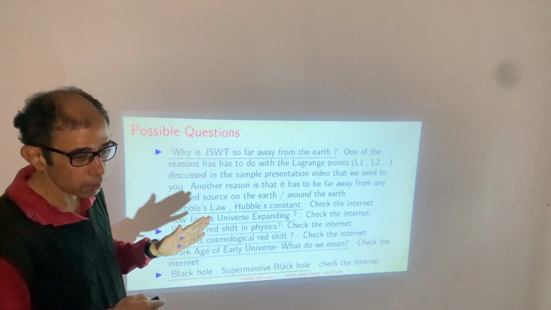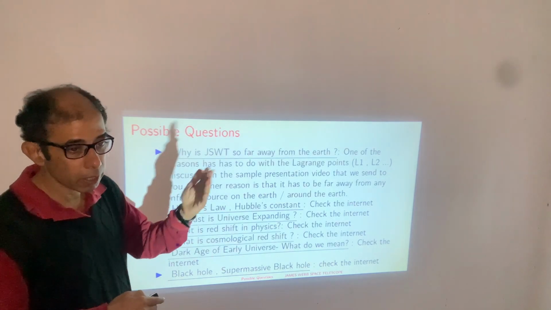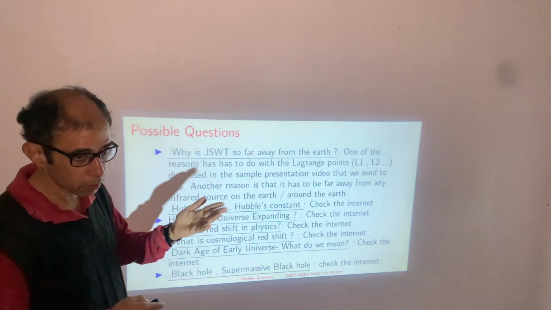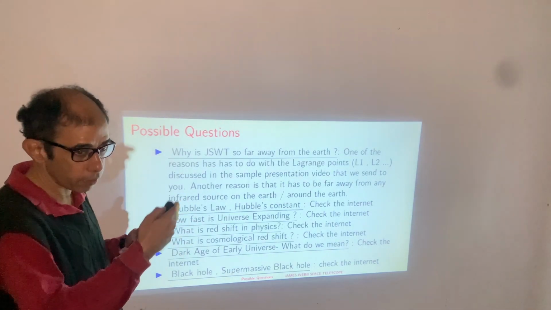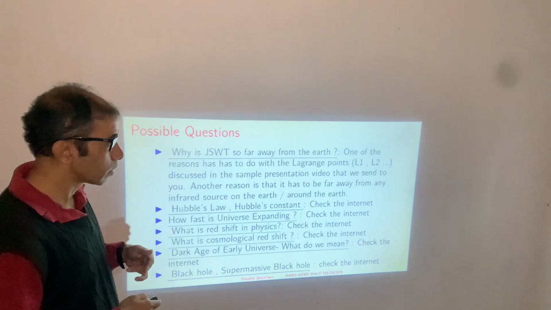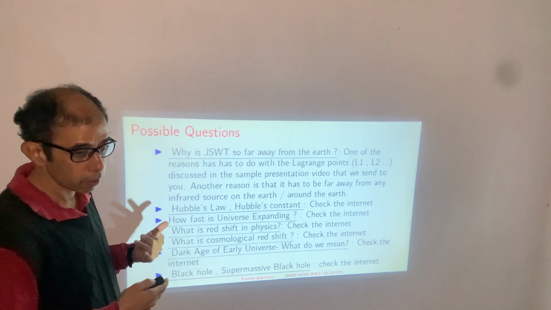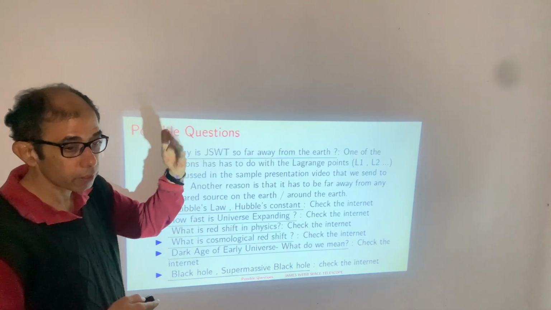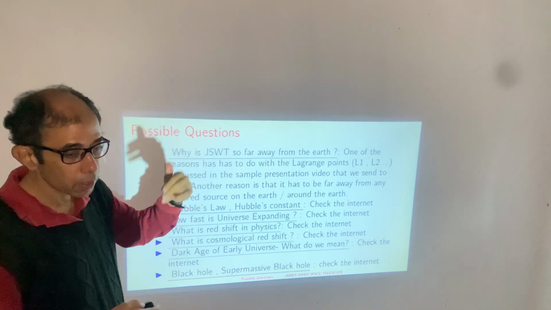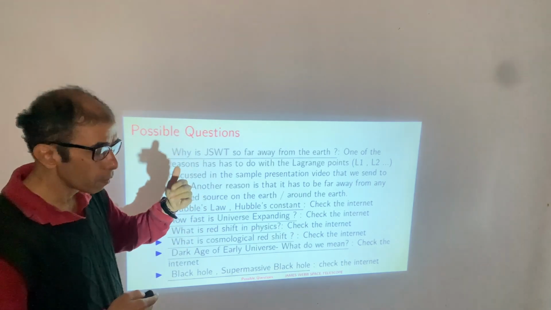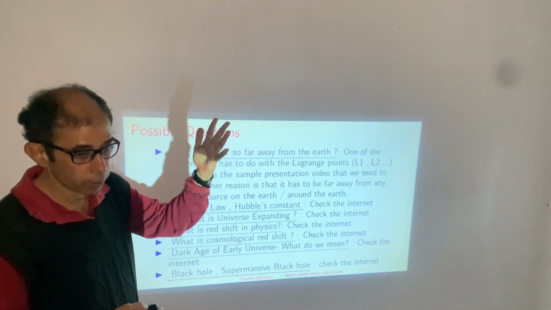So what does it tell us? That if a galaxy is 1 megaparsec away from the Earth, then the velocity with which it is receding away from the Earth is 70 kilometer per second. If the galaxy is even further away, more than 1 megaparsec, then the velocity with which it is receding will become even greater.